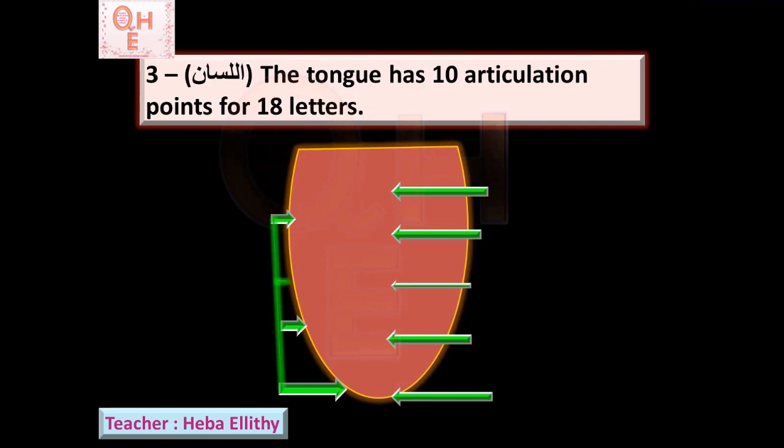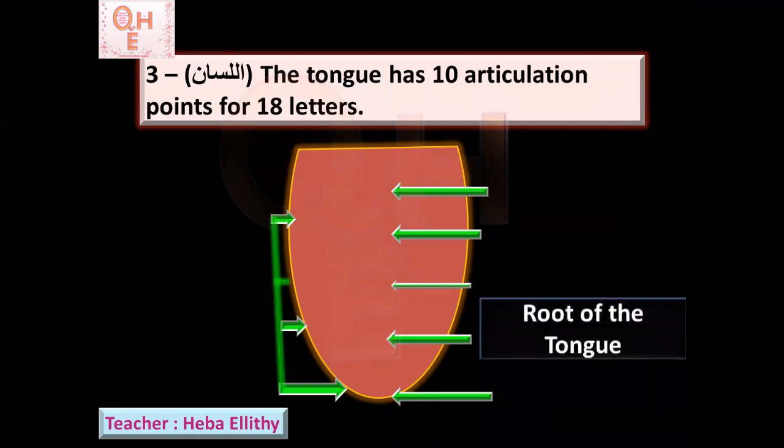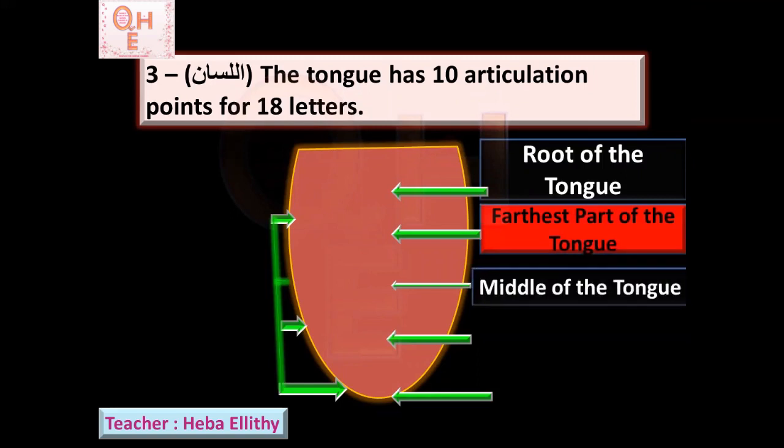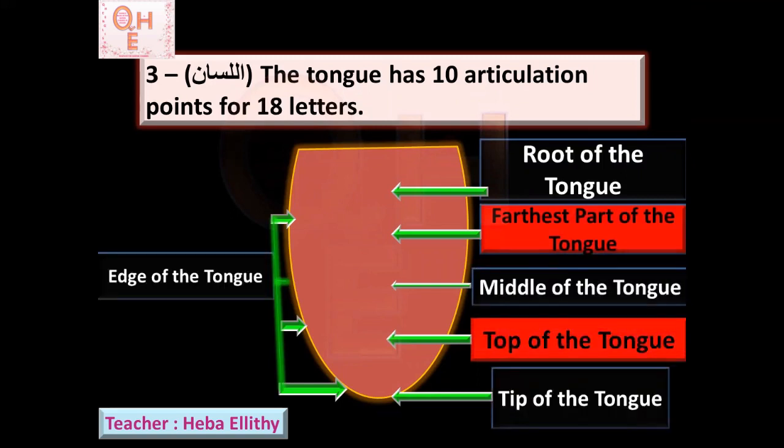This is the root of the tongue, and this is the farthest part of the tongue. This is the middle of the tongue, the top of the tongue, the tip of the tongue, and this is the edge of the tongue. We are still explaining the tip of the tongue.